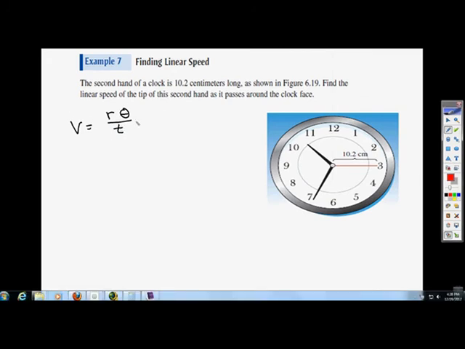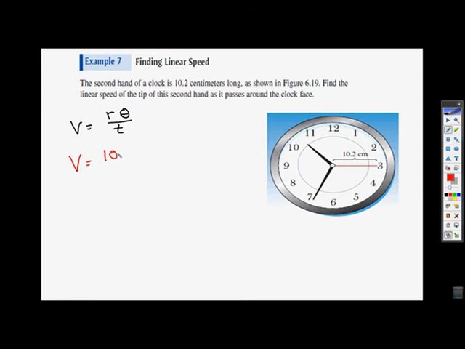To start plugging stuff into the formula, the radius is the easiest thing to find. It's given right in the picture. The radius of that second hand is 10.2 centimeters. And the angle, we want it to pass around the clock face. So the tip is going to go all the way around the clock. In radian measure, that's 2 pi. So our angle is 2 pi, a full revolution. And how long does the second hand take to go around the clock?